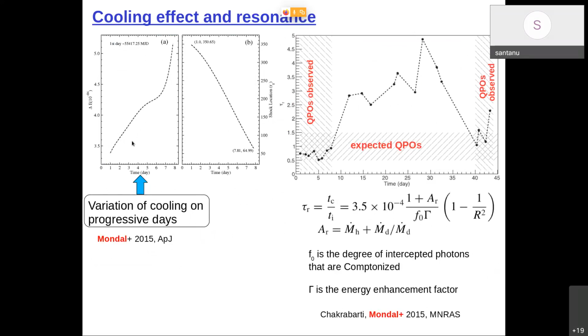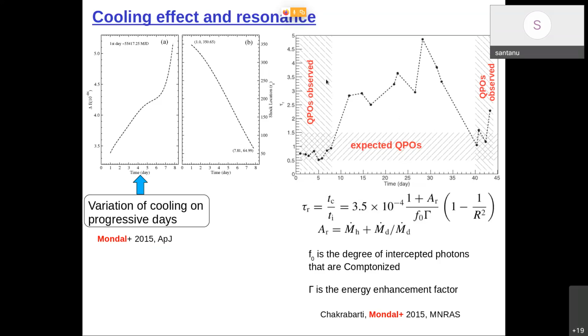We estimated cooling for the black hole candidate H1743-322, and we see that from day 1 to day 8 of the observation, cooling increased and the size of the corona decreased. From those fitted results and from our simulated results, we compared the observed and theoretical QPOs.